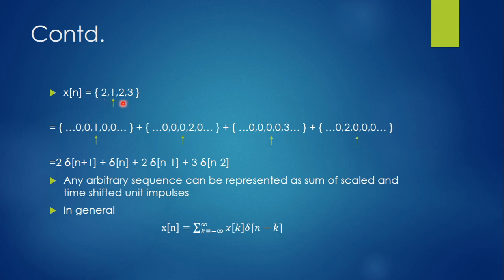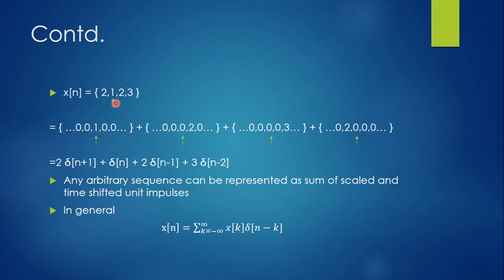See, this is another way of representation to make it more clear. So this sequence has 4 components, 1, 2, 3, and 2, with 1 as the 0th sample. So it will be broken into 4 components. How many components? 4 components. If we have 4 samples, it will be divided into 4 components.